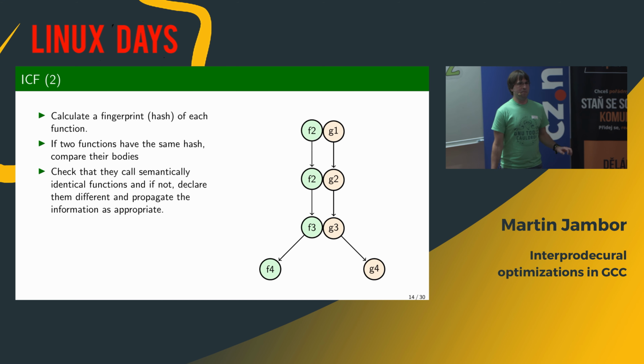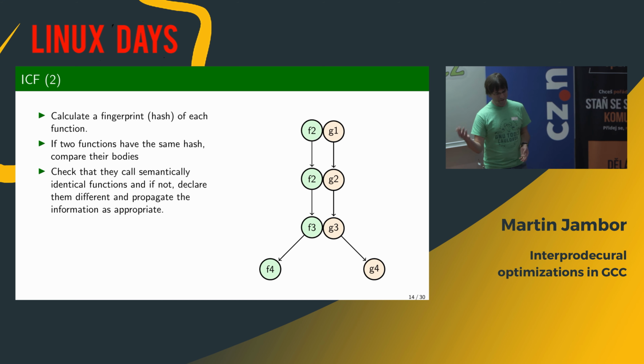And if they look semantically identical themselves, we then have a look at what functions they call, and of course require that these have to be semantically identical, that these have to have the same meaning in the program.